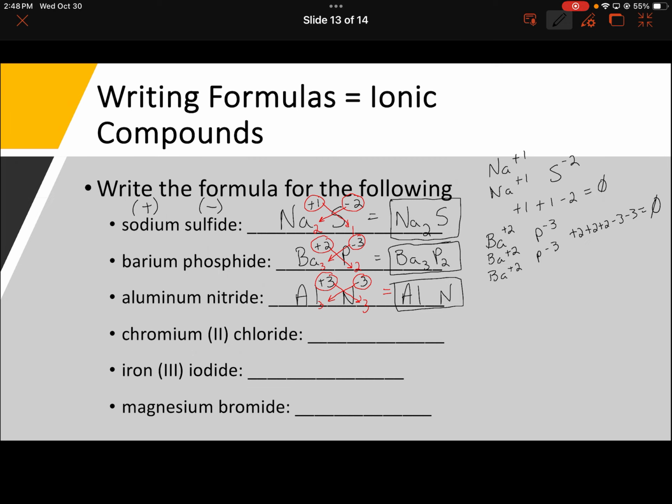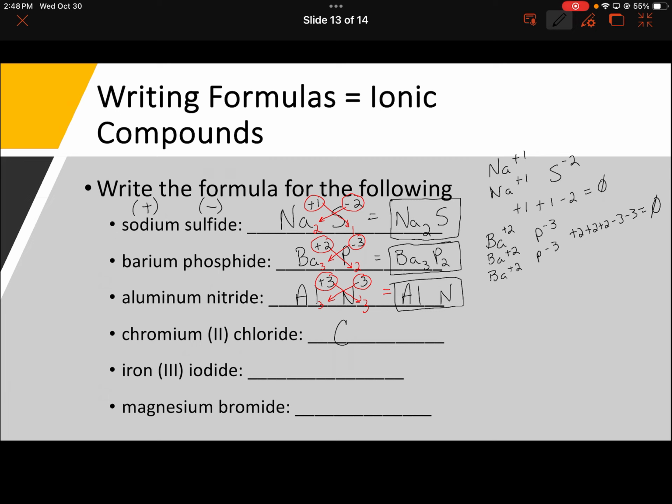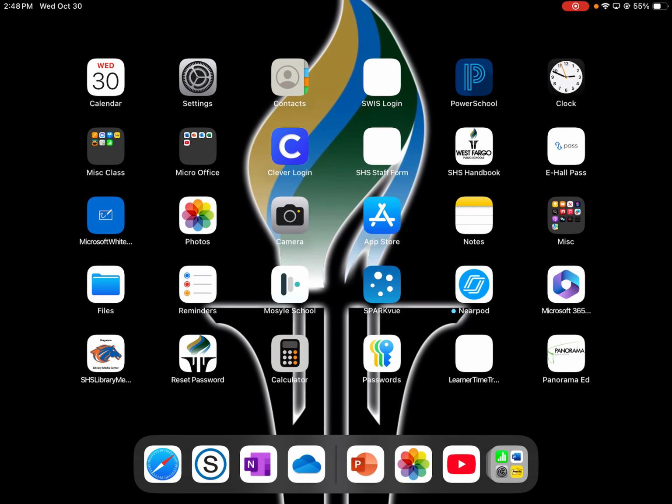Now I'll take a look at chromium(II) chloride. There's a slight difference here. Chromium is capital C lowercase r. Chlorine is capital C lowercase l. Now I'll go to the periodic table and I will get the oxidation numbers for those.